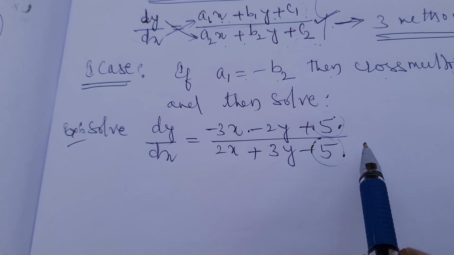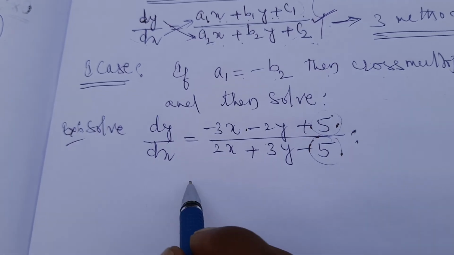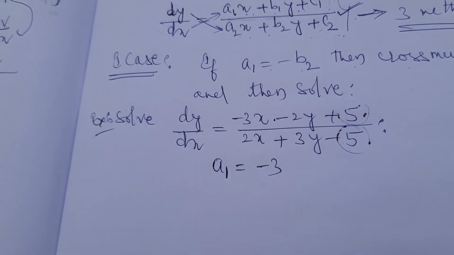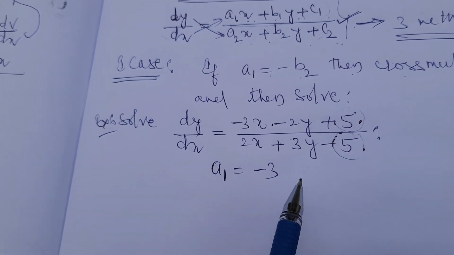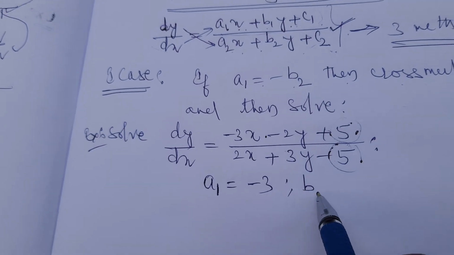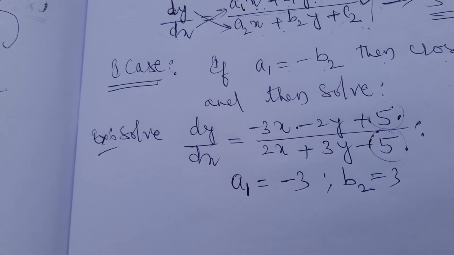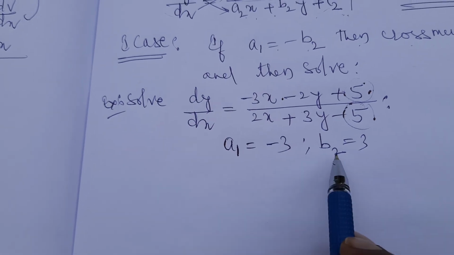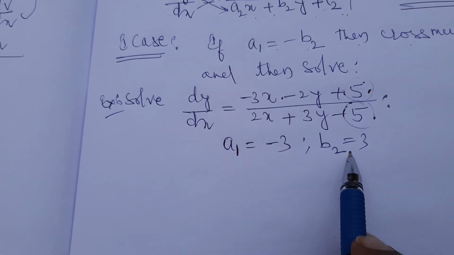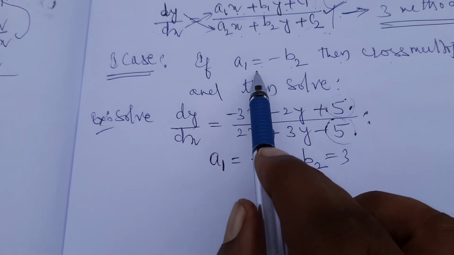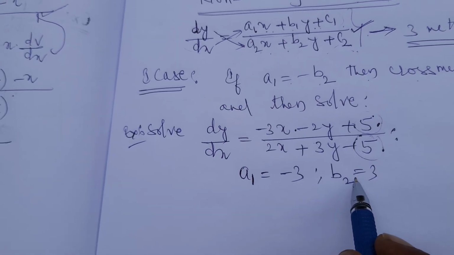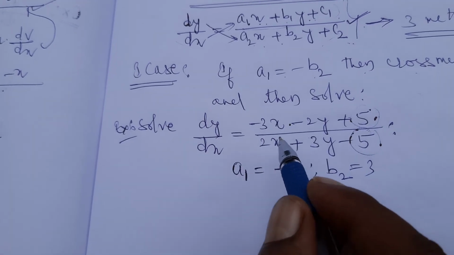If you observe here, what is the a1 value? a1 is equal to minus 3, and what is the b2 value? Here a1 is equal to minus 3 and b2 is equal to 3. So the case is a1 equals minus b2, which means, as I told you in this method, directly cross multiply the equation.